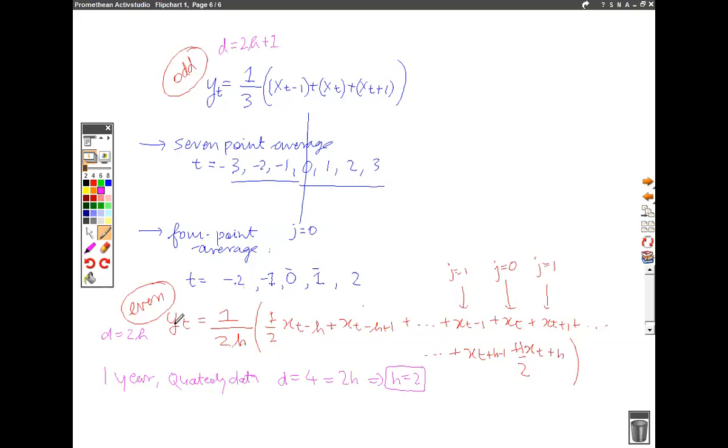And because you're interested in the center value, this is known as centered moving average and also symmetric moving average. And there can be other kinds of averages as well, like you need not always have 1 as the coefficients for all of these values, but this is just what we are assuming. We are making sure that each period has an equal contribution to YT, and that is why we have taken something like that.